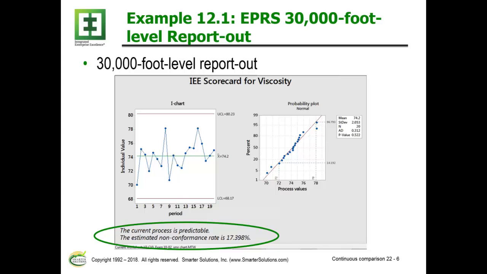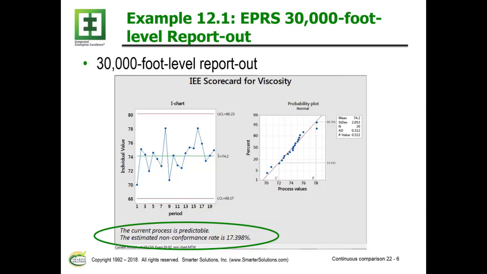So we start with the 30,000 foot level chart. As we see in this particular chart, we have a 17% non-conformance. Let's say that we want to actually improve this chart. What do we do? Well, you can capture data from the recent region of stability to run various hypothesis tests.